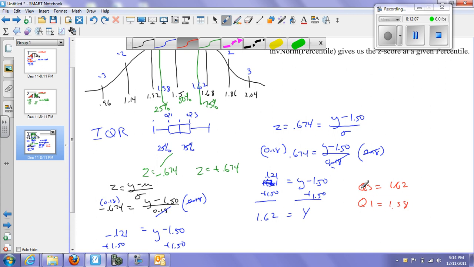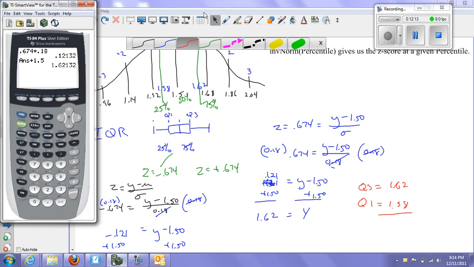I take Q3 and subtract Q1: 1.62 minus 1.38 is equal to 0.24. That is my IQR.